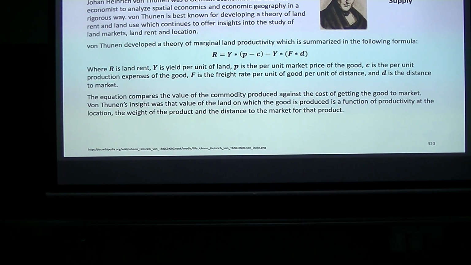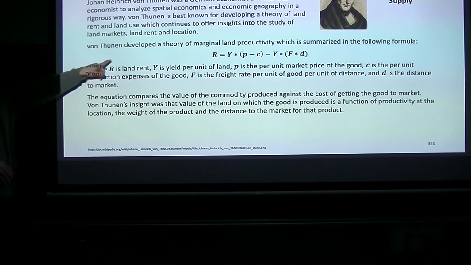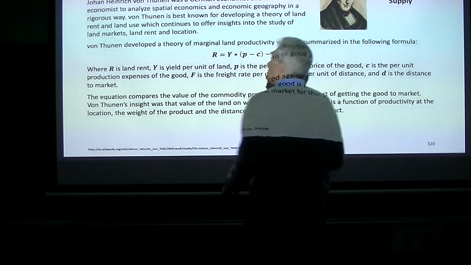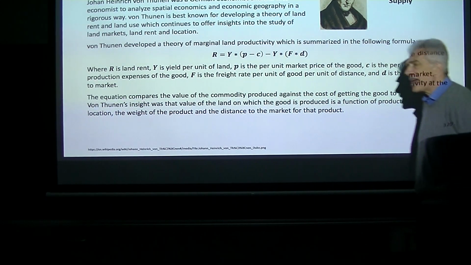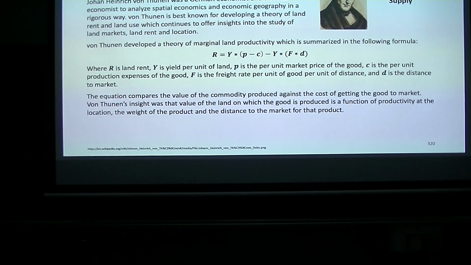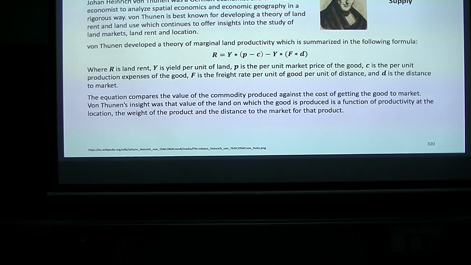Here we're talking about a theory of marginal land productivity, where he wanted to show why you had certain land uses closer to city centers, why certain crops were grown near cities, and why other crops were grown further away from cities. So he looked at the pattern in Germany, realized there was a pattern, and developed an economic explanation for the observed pattern.